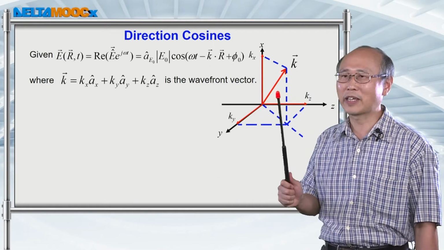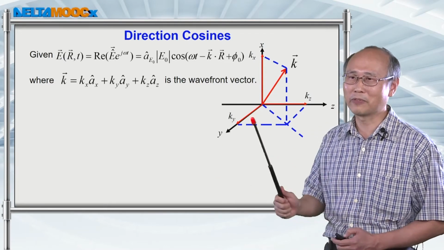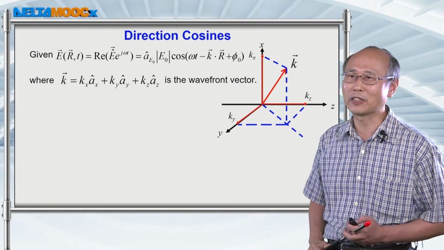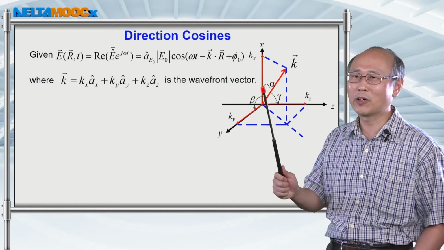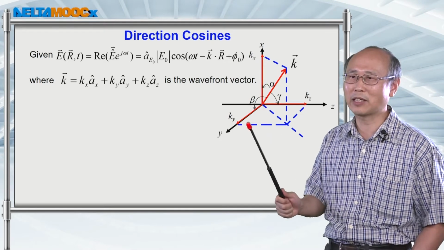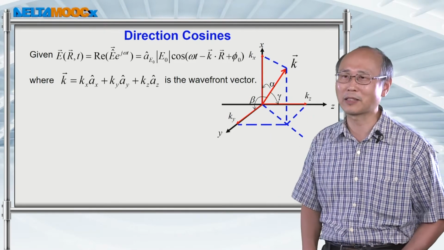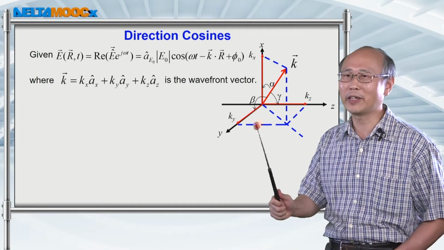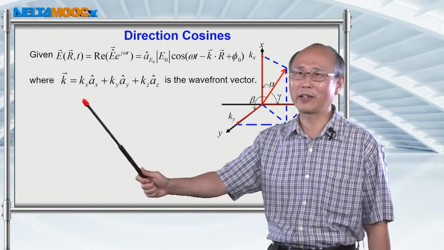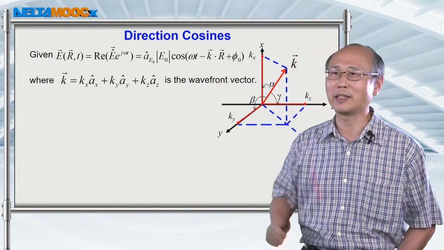And given this k in space, in, for example, the XYZ coordinate system, then you can measure the angle of k with respect to the x-axis, y-axis, and z-axis. And if you project this k onto these three axes, then you can calculate the kx, ky, kz.